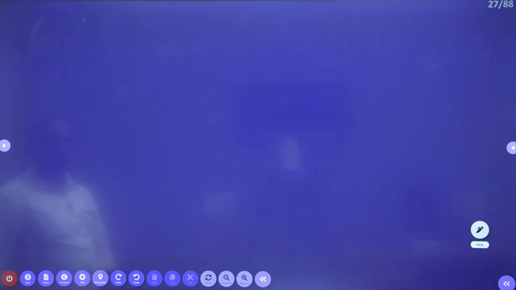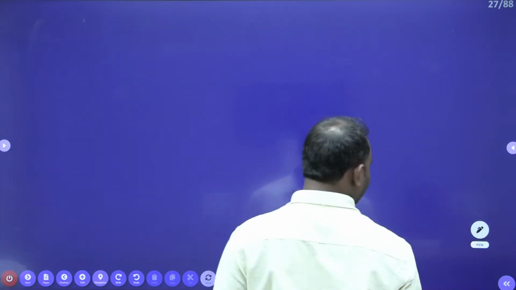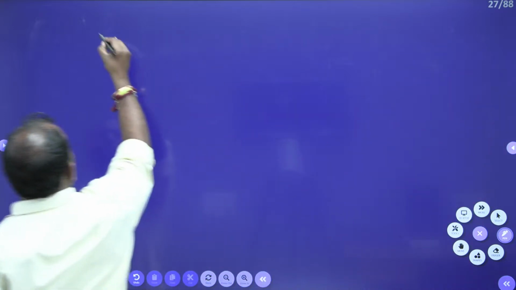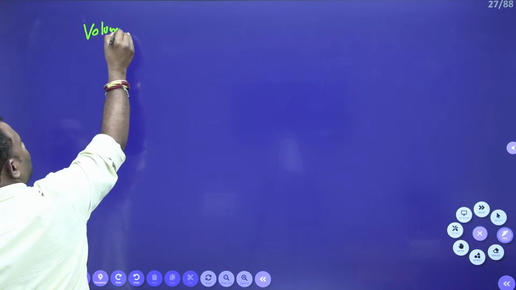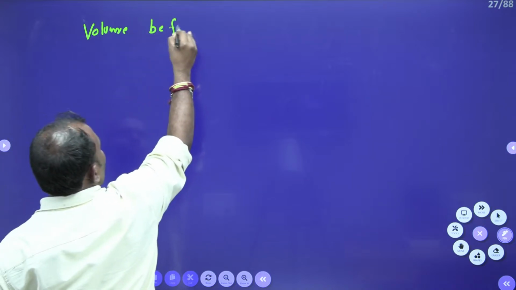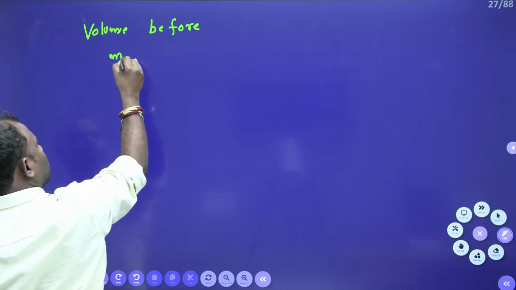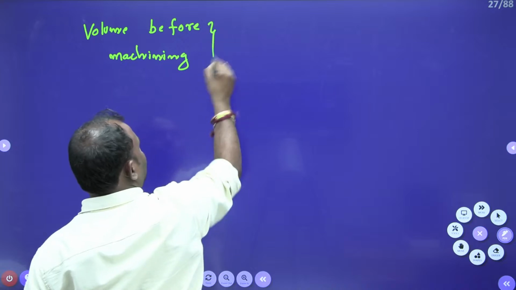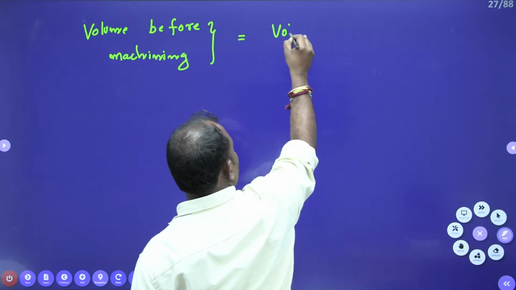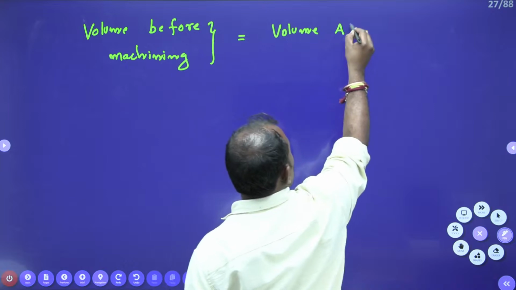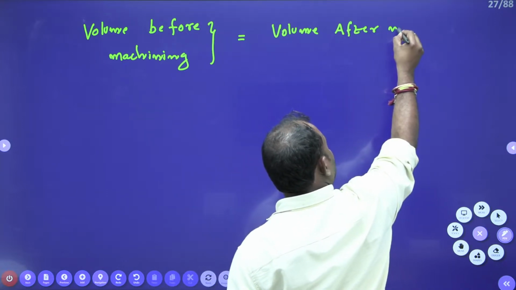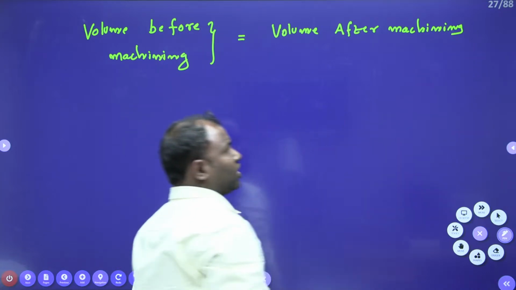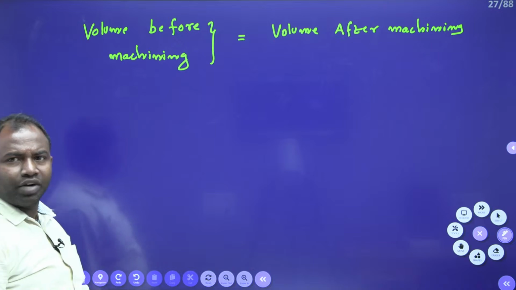Right. Now volume before machining is equal to volume after machining. Then how can we calculate that?